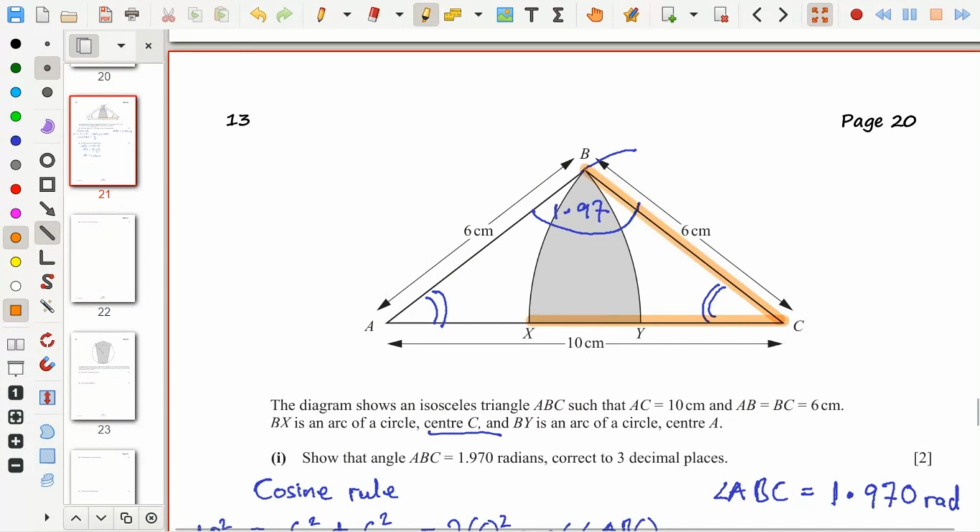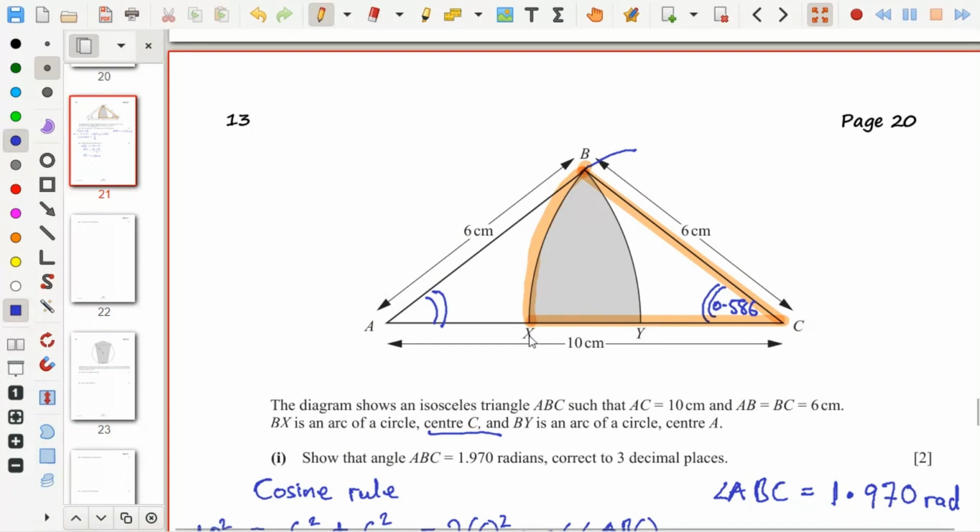Radius. Let's forget about the angle here for now. So right now I have a sector. The angle in the sector is 0.586 radians.